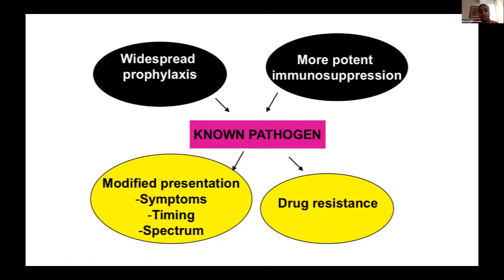They are on nystatin to prevent oral candidiasis and CMV prophylaxis with ganciclovir, and initially they are also on very potent immunosuppression. This can lead to infection, and because of this potent immunosuppression, we can get modified presentations in the symptoms, the timing, and the spectrum of the disease caused by the bacteria, virus, or fungi. Because of the widespread prophylaxis, we can also induce drug resistance. This is something we need to keep in mind when we are dealing with a patient who has developed infection post-transplant.